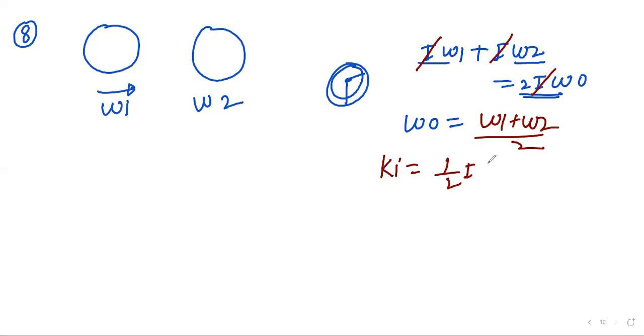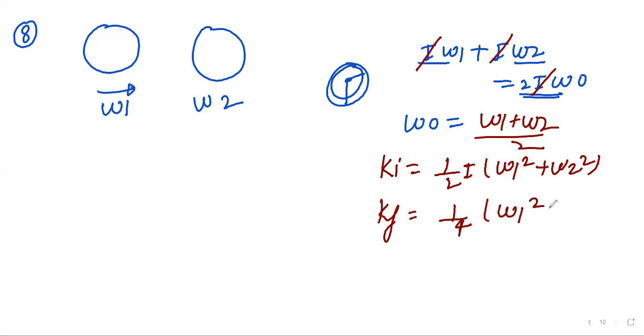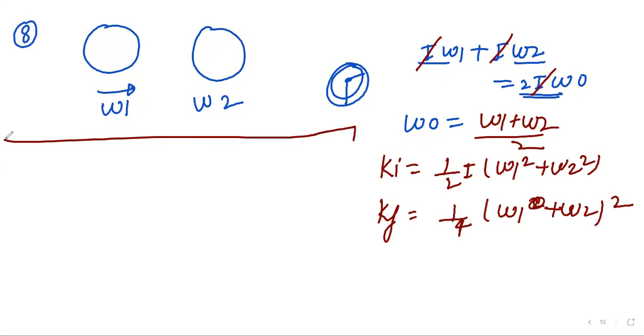That is 1 upon 2 I, I means moment of inertia, (ω1 square plus ω2 square). And the final kinetic energy will be 1 upon 4 I (ω1 plus ω2) whole square. So now you can find the loss, the change in kinetic energy.